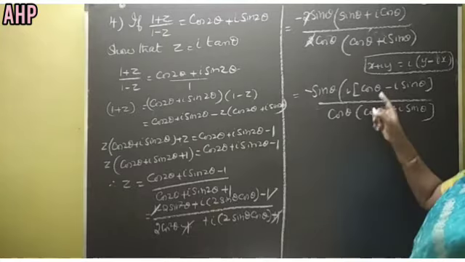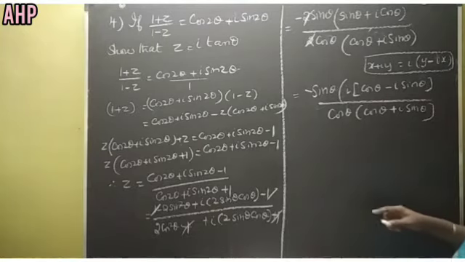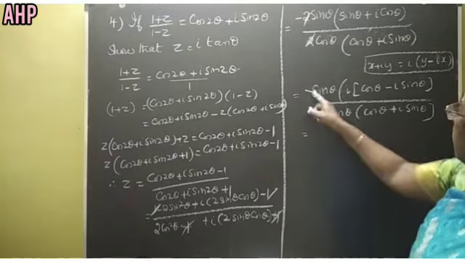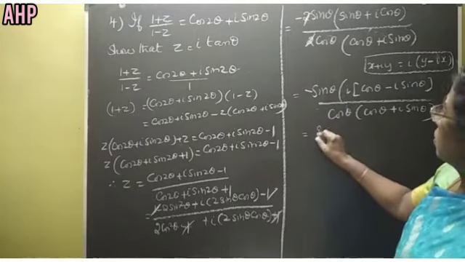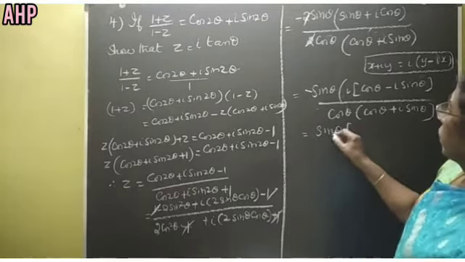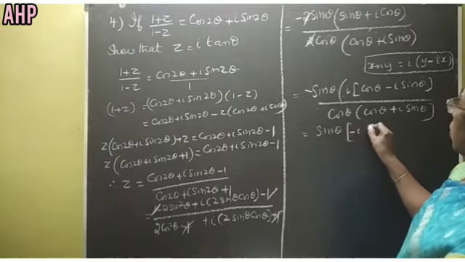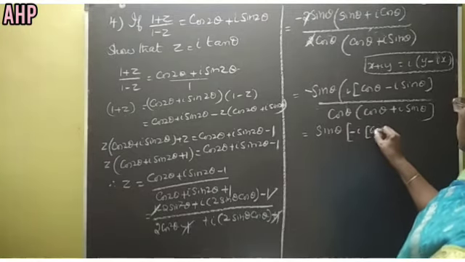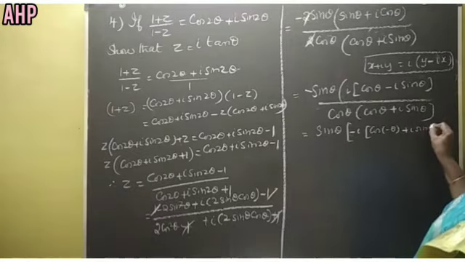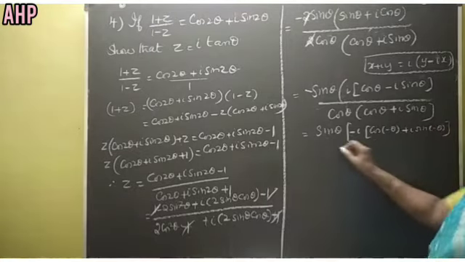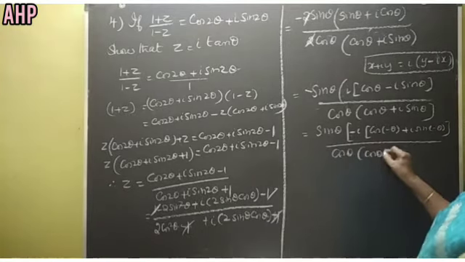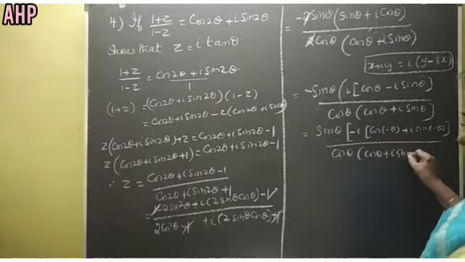Now this can be written as, this is equal to cos theta plus sin theta, this minus we are going to take it in, this is equal to sin theta into minus I cos can be written as cos of minus theta plus I sin minus theta divided by cos theta into cos theta plus I sin theta.